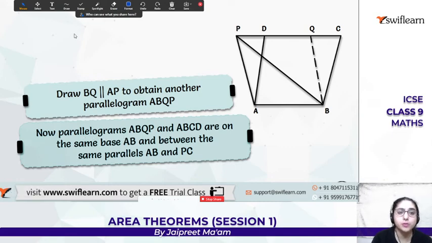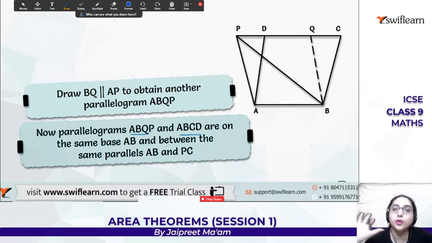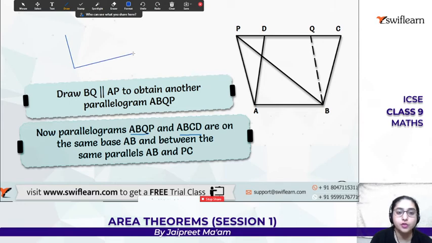Now we have two parallelograms, ABQP and another parallelogram ABCD, on the same base AB and between the same parallels. What is the condition? They should be on the same base and between the same parallels. So let's draw the parallelograms so that it will be easy for you to understand.